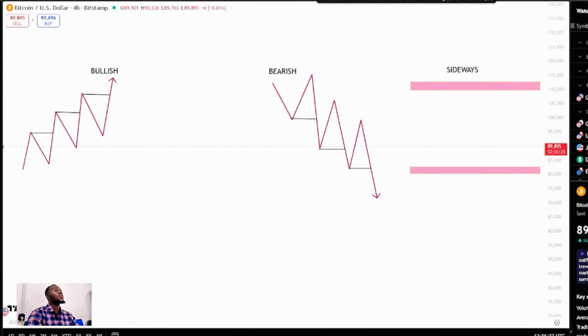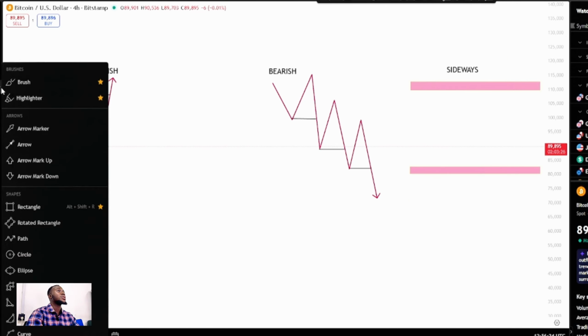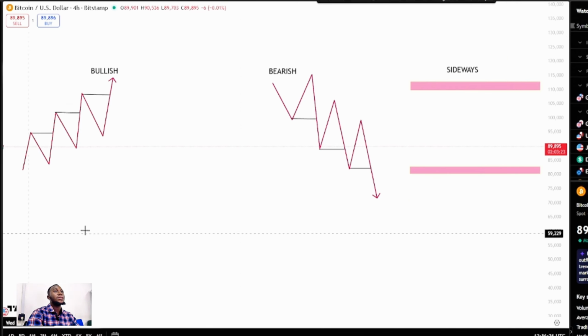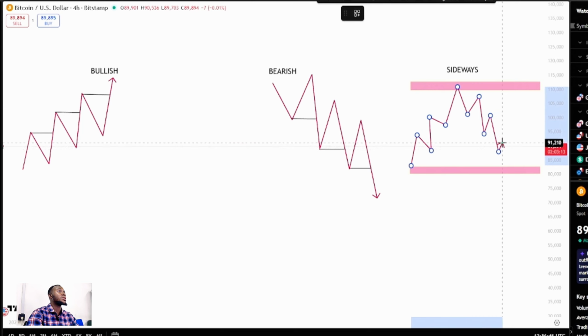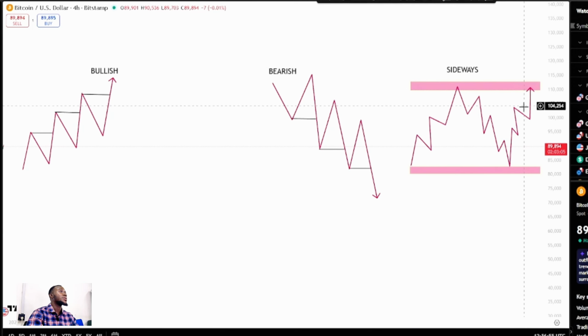Now let's say the market moves from this support level like this, like this, like this, and then it came back, broke structure to the downside, and then it came back to this point, and then still went back up again.